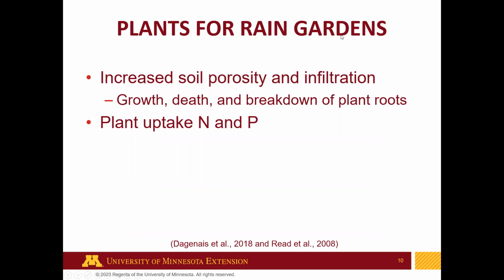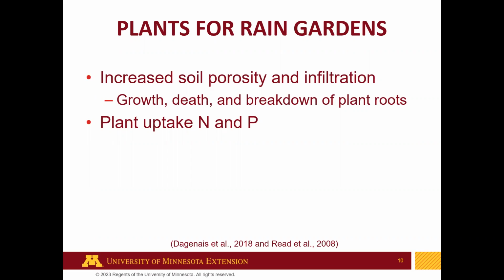Ideally, with rain gardens, you are going to have properly selected plants, because they are important to help increase soil porosity and infiltration. And that's mainly done by the plant's root systems. If you think about plants as they grow, we're going to have roots that are going to die. As those roots die, those pore spaces in the soil are going to remain open as that root starts to basically deteriorate and decompose.